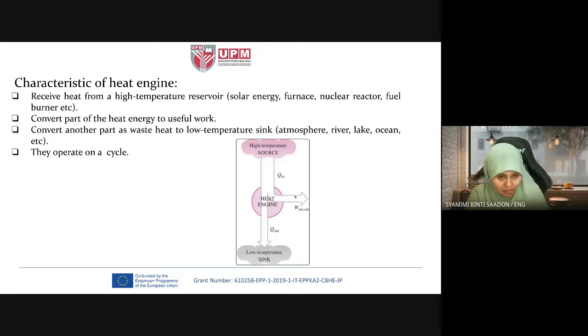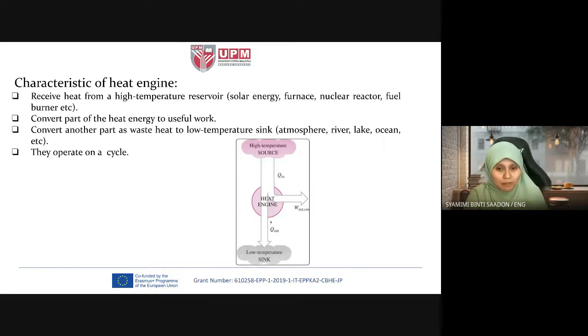If it's 100%, which is impossible, all the heat source would be converted to useful work, net power output. But in reality, no. So we have some sort of efficiency. Some part of the heat source will be converted to useful work, electricity, mechanical power, etc., and another portion will be converted to waste heat, which will be rejected.